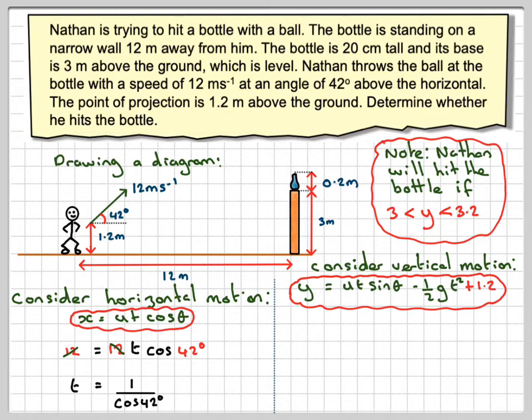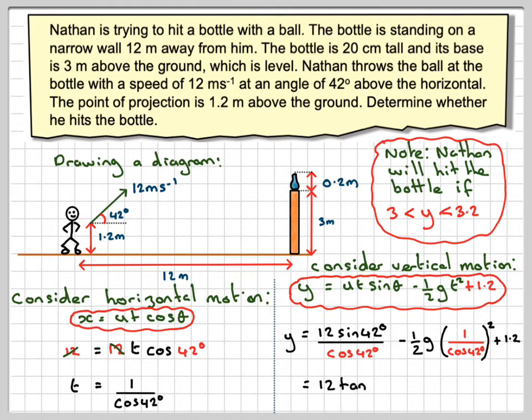So putting that information in, y is going to be 12 sine 42 times t, and t will be 1 over cos 42, so we'll need to divide this by cos 42 degrees. Minus a half times g times my value of t, which is 1 over cos 42, but we'll need to square that, and of course don't forget to add the 1.2. This becomes tan 42 minus a half g 1 over cos 42 squared plus 1.2.